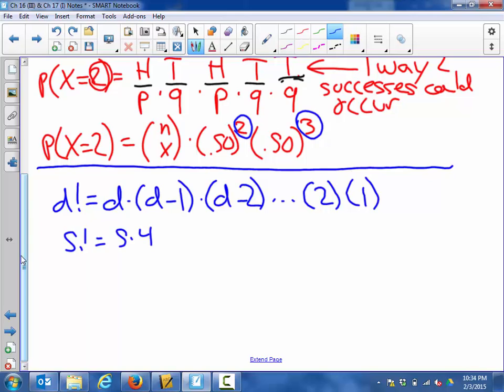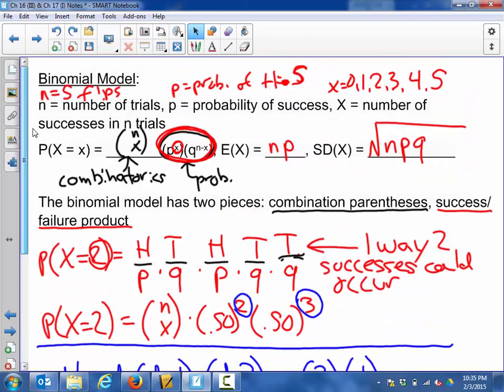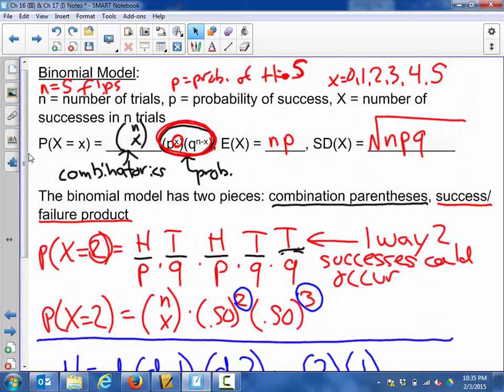So if I took 5 factorial, that would be 5 times 4 times 3 times 2 times 1. So there's a factorial. It's relatively simple enough to understand. It uses that exclamation mark; it's really an abbreviation of 5 times the preceding number times the preceding number on down to 1.